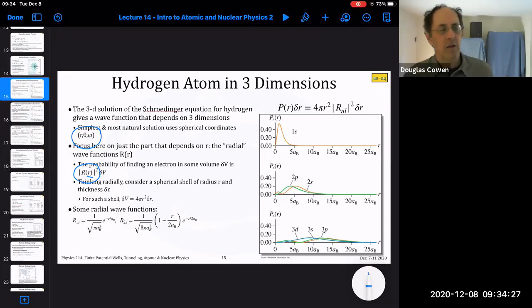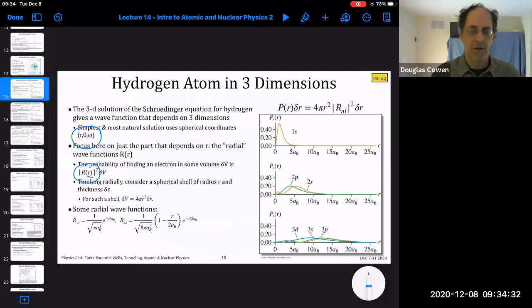And this gives us, if we square it, the probability per unit volume of finding an electron. So if you want to find the probability of finding an electron, you have to multiply by this delta V. Now, if you're thinking radially, if you have a sphere and then a slightly larger concentric sphere around it, just one slightly larger than the other, they're both out at roughly the same radius, and they're separated from one another by delta r, an infinitesimally small distance.